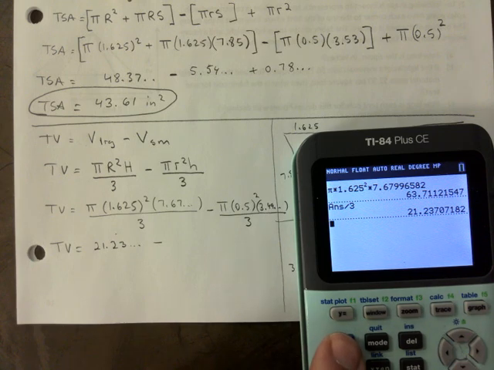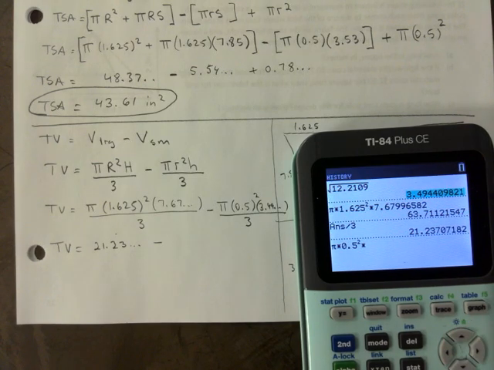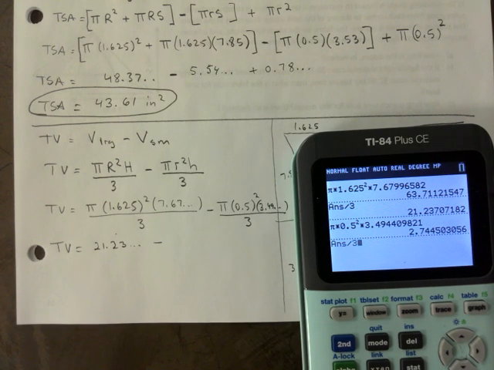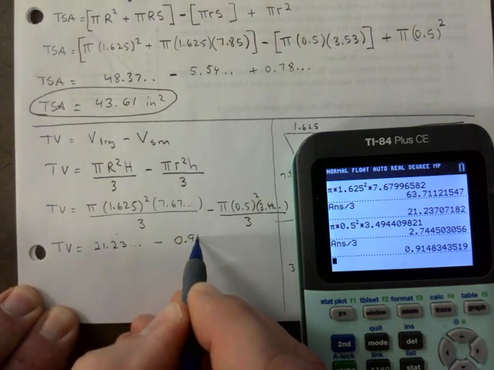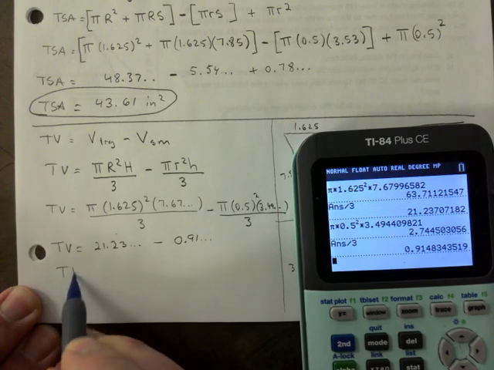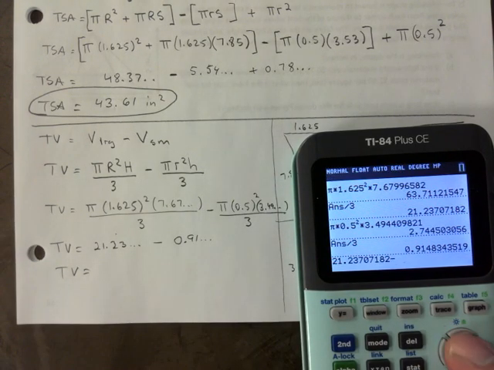And then let's do this all over again. I'm going to go find that 3.49 there. Divided by 3. Don't forget that. And here we go. Just take 21 minus 0.29.